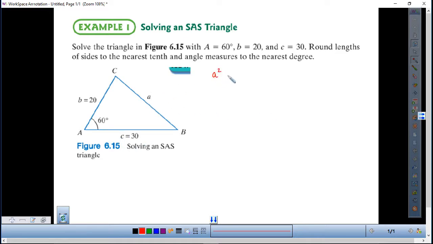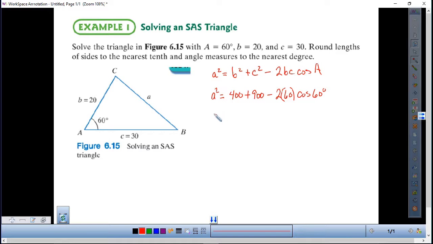We know that A squared is going to equal B squared plus C squared minus 2BC cosine of angle A. So that means we're going to have B squared, which is 20 squared, which is 400, plus C squared, which is 30 squared, which gives 900, minus 2 times 20 times 30, that gives me 60, times the cosine of 60 degrees.